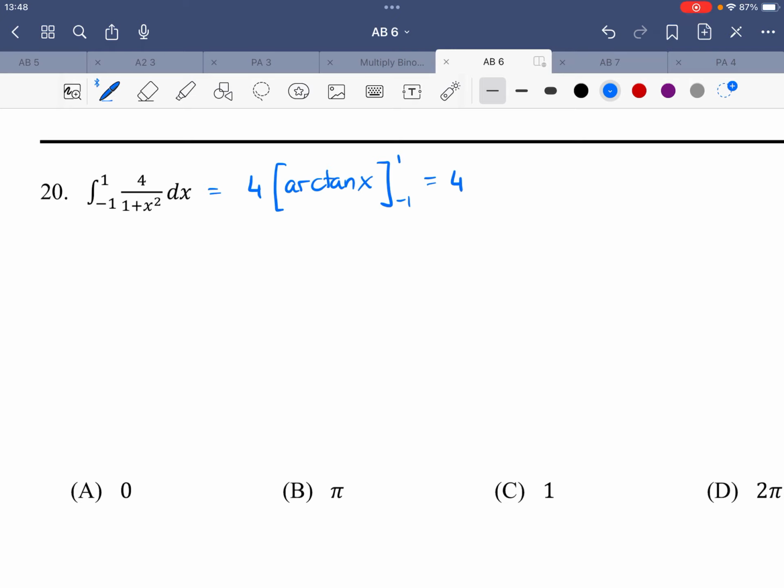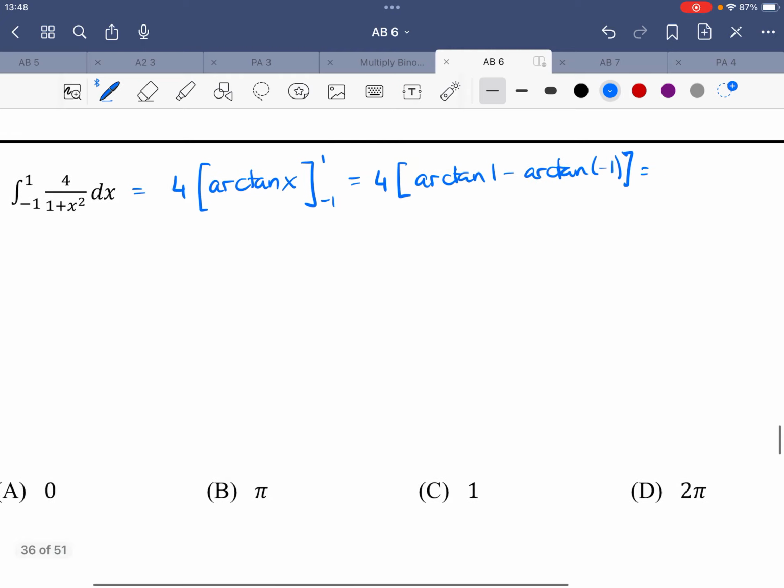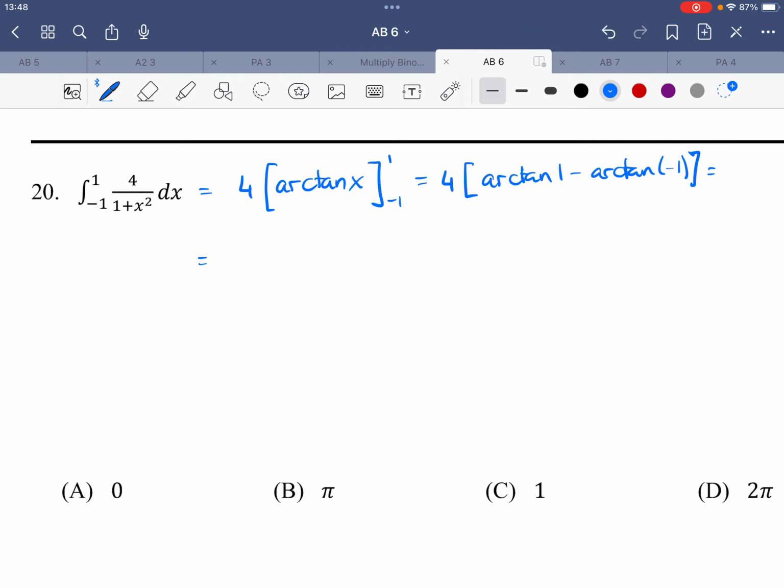So here I'm going to do arctangent of 1 minus arctangent of negative 1. And in order to evaluate those arctangents, however you're going to do that, I think the way that Mr. V teaches it is saying when is the slope 1?